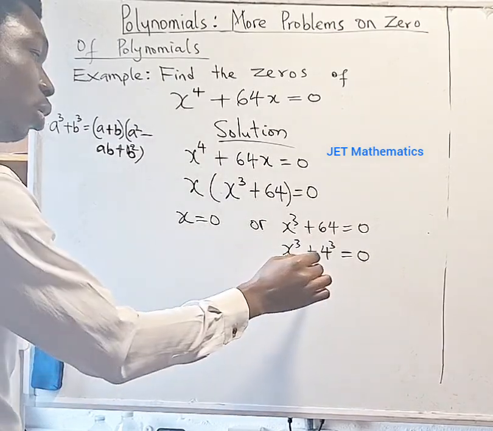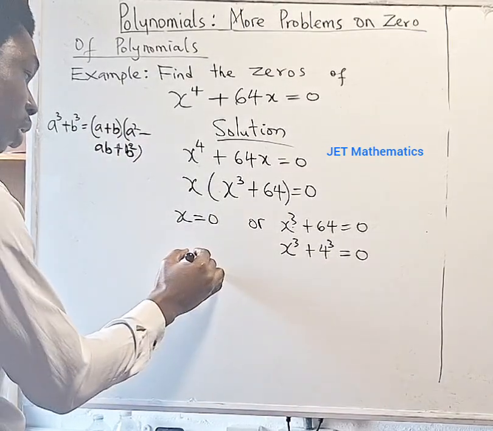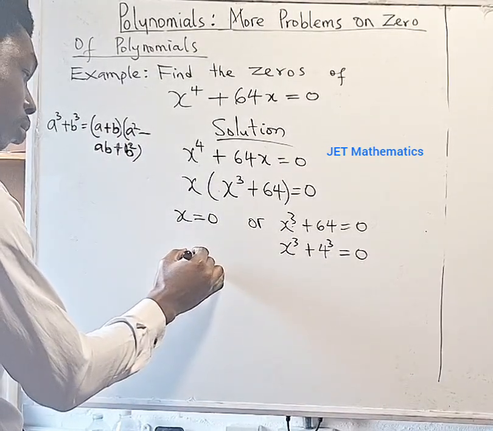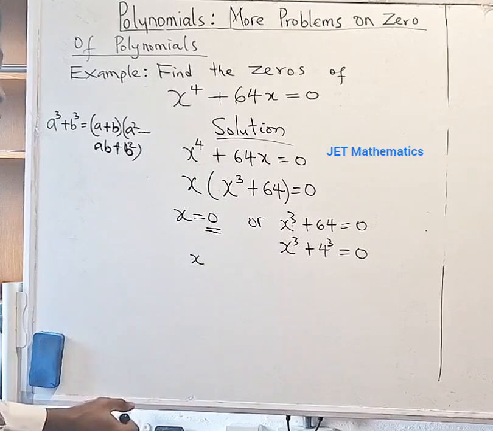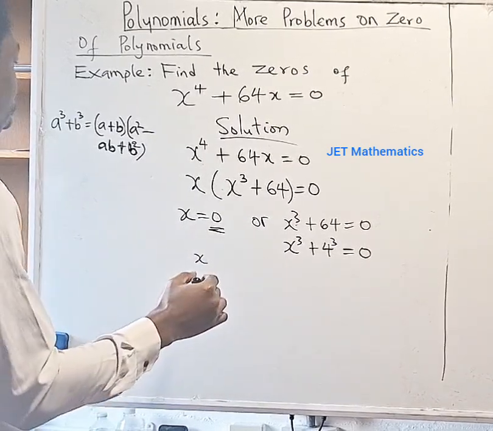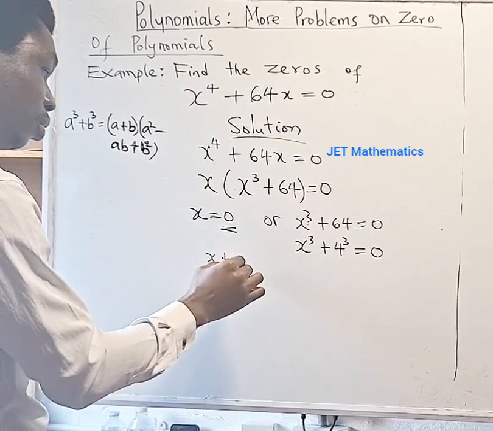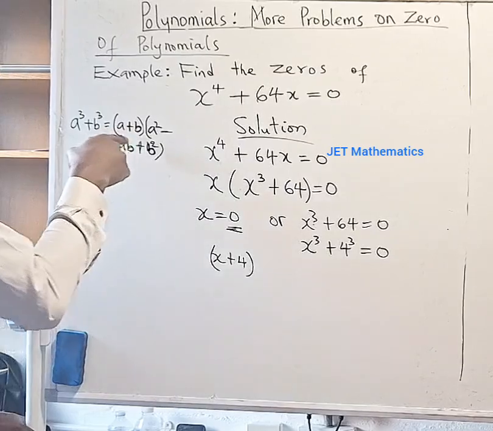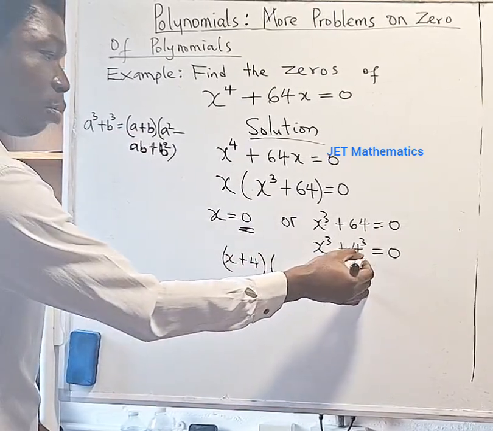So all we need to do now is to factorize this using this. If we do that, we are going to get x. Remember, this is one of the roots. We are expected to get up to 4 roots. This is x plus 4, using what we have here. Remember, this is our a now, and this is our b.